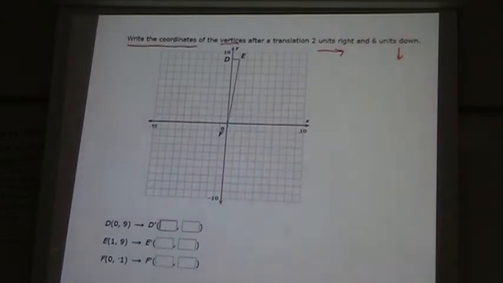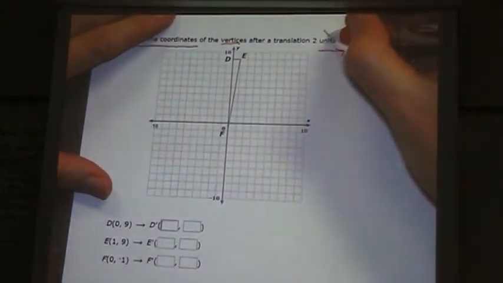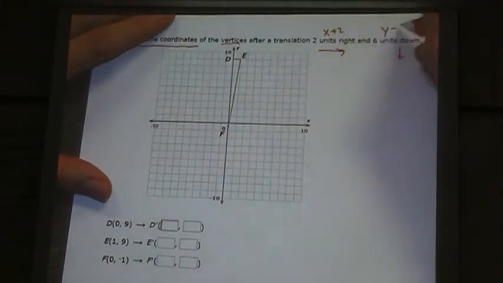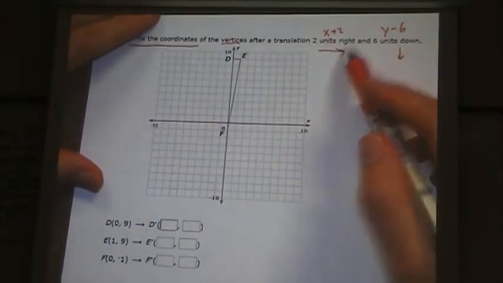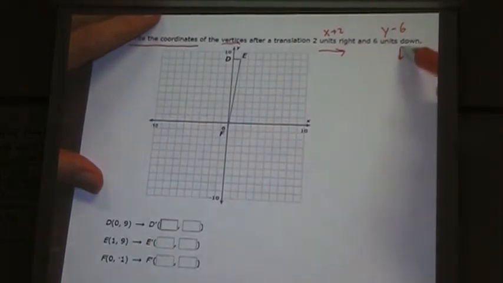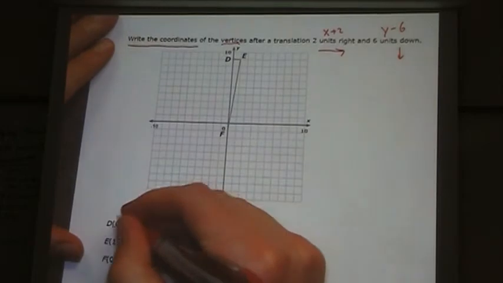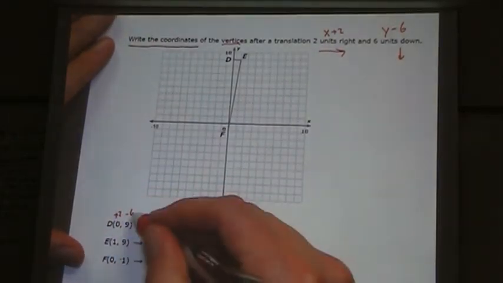I'm going to show you what I think is the easiest. 2 units right is kind of +2 in your X direction. 6 units down would be -6 in your Y direction. Okay? Remember, positive X units will move you right, and negative Y units will move you down. So, you're basically going to go +2 and -6 to every X point and every Y point.